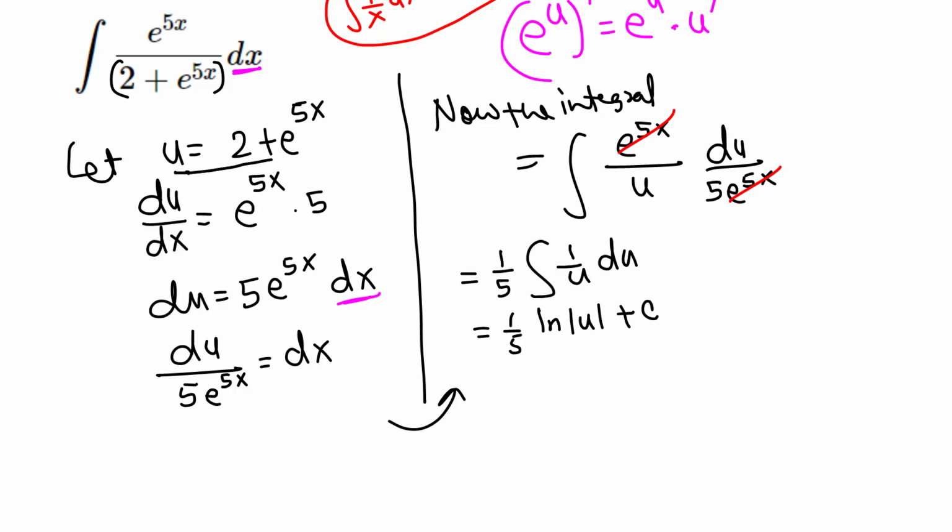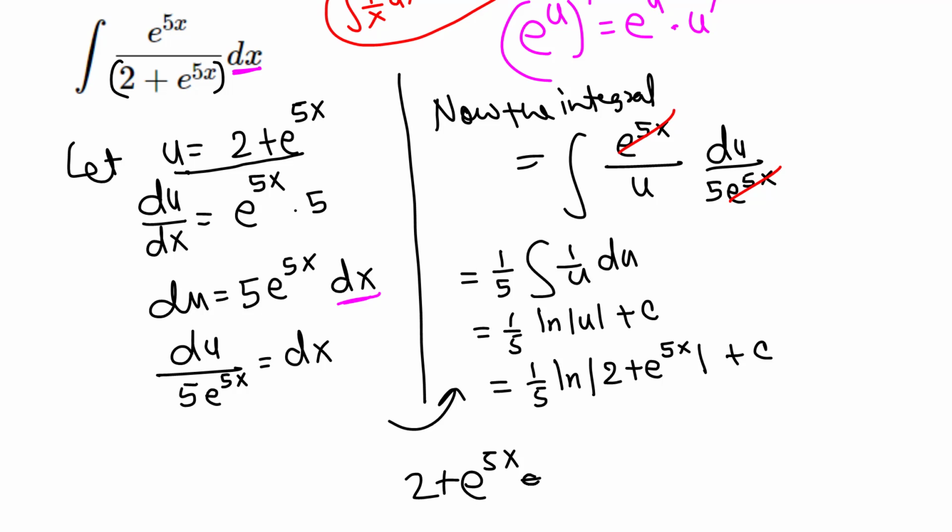Our u is here, so this is 1/5 natural log of u, where u is 2 plus e raised to 5x, plus c. In fact, we don't need the absolute value here, we can write it, but because e raised to 5x, exponential functions, are always positive, plus 2, this is always positive, so absolute value or just parentheses, same thing, but we can write this as the final answer.